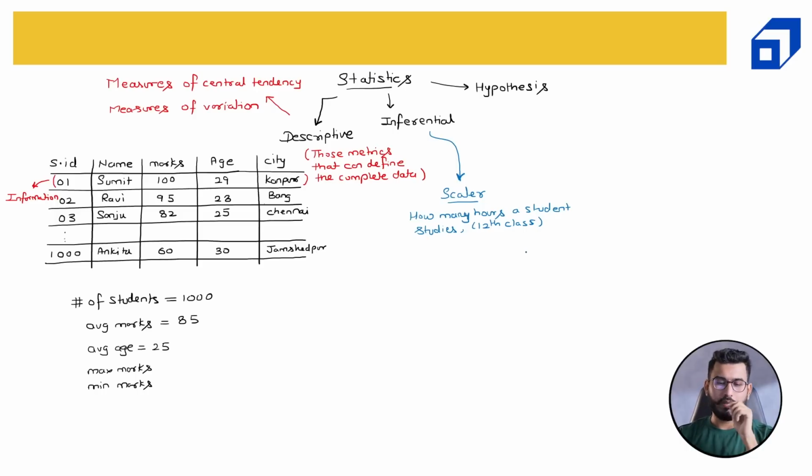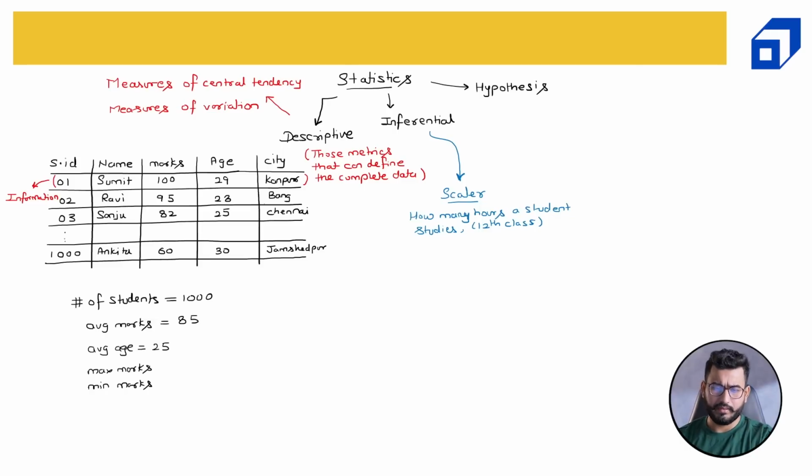Now if I look into this problem, overall there will be millions of students in India, right? And if I just limit my scope of study to India itself, there will be a lot of students present in India right now who are in 12th class, right? And it is impossible for any company to perform a survey on such a large scale.